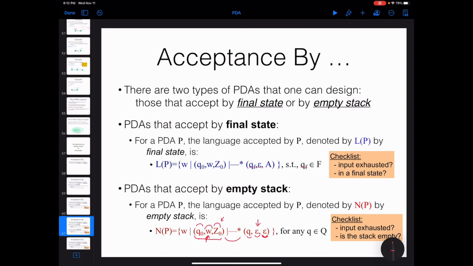It doesn't matter which state you are in. This type of pushdown automaton doesn't really care about the states. We don't really need a final state.